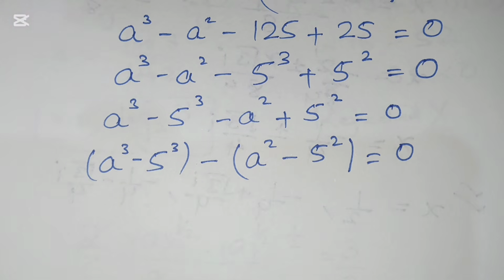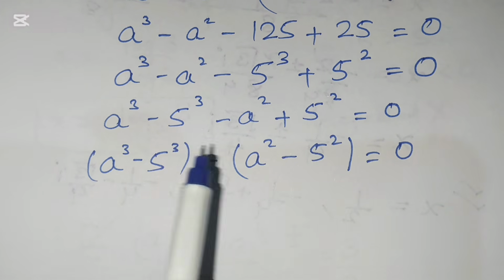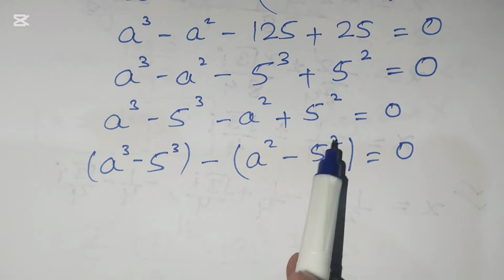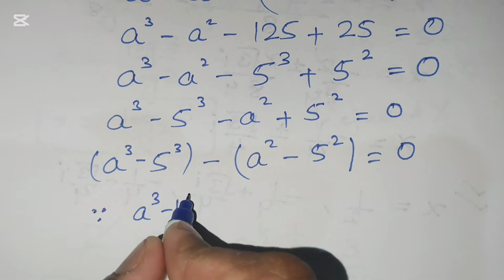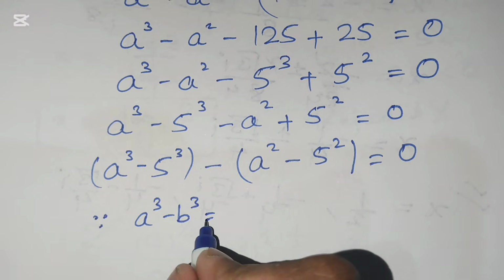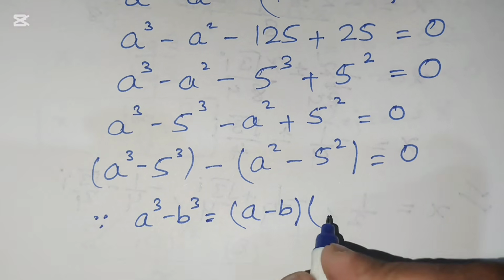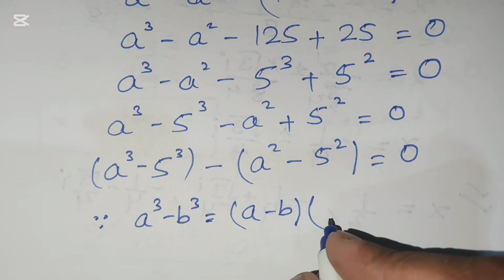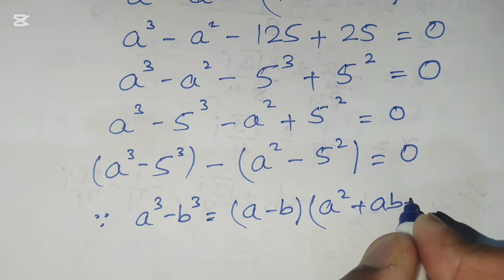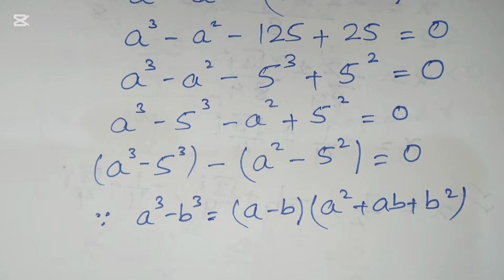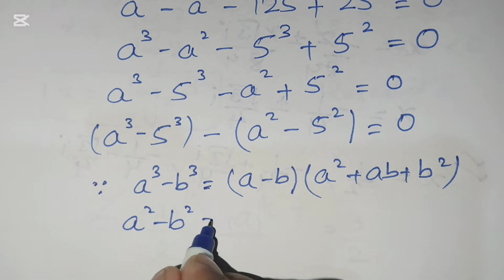Now we have to use two formulas, one for A cube minus B cube and one for A square minus B square. What is A cube minus B cube? It is equal to (A minus B) times (A square plus AB plus B square). And what is A square minus B square?